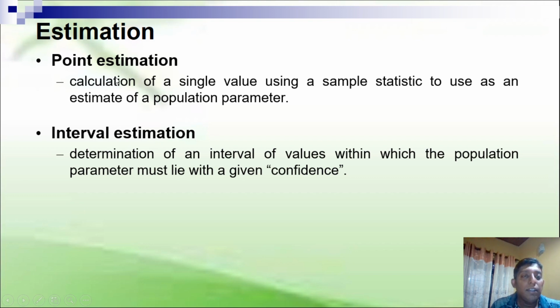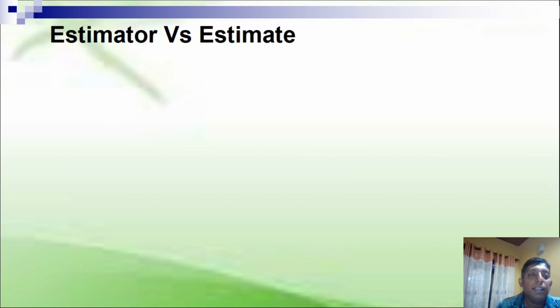Today in this session we are concerned only with point estimation, that means calculating a single value as an estimate for the population parameter. Then see the difference between estimator and estimate.